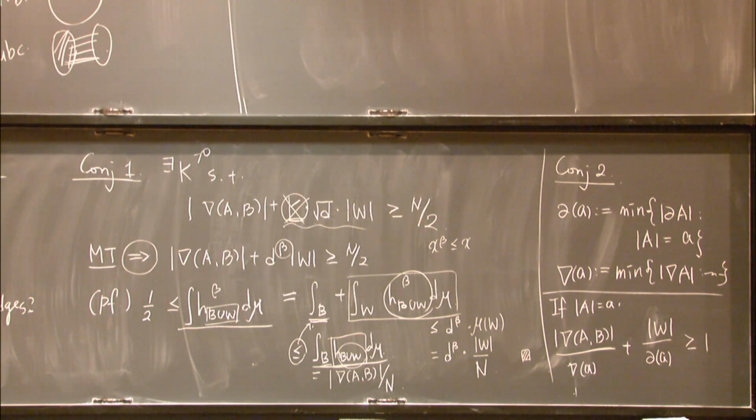So they should be capital or where? In the denominator? The definitions are for small a, the size. Sorry. Yeah. So for all of the sets of size A, we conjecture that.